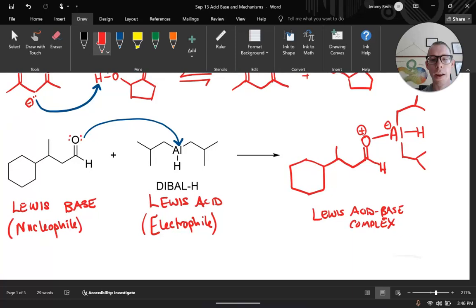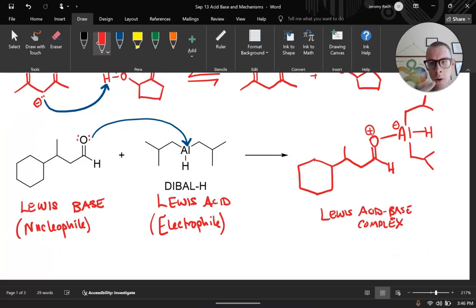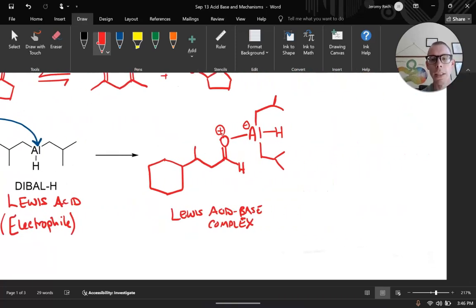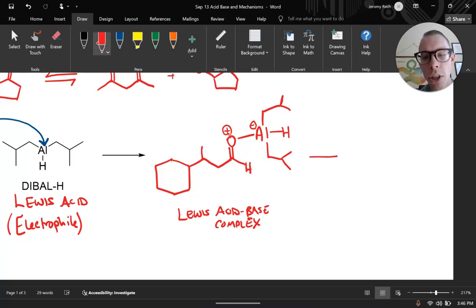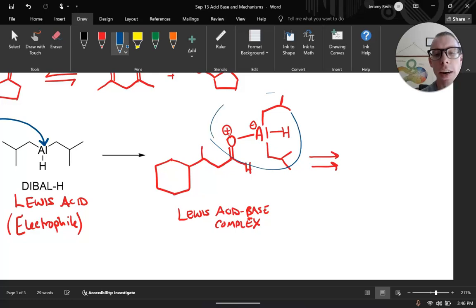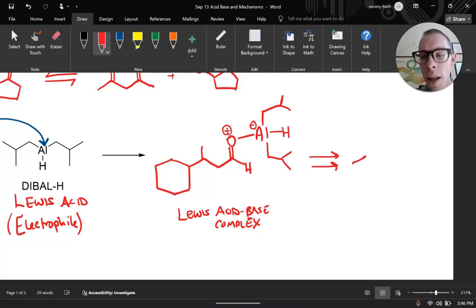We don't need to actually know that for this course. You'll learn it in Orgo 2. But what will happen is this will go on and do further stuff. This entire section right here will be reduced, decreasing the amount of bonds to oxygen, and then this will eventually go down just to an alcohol.